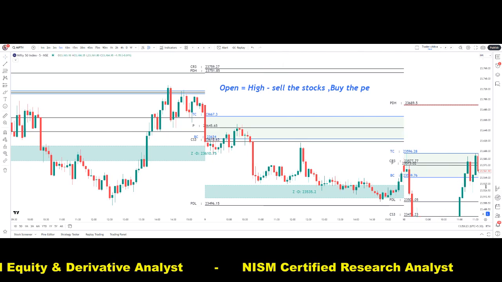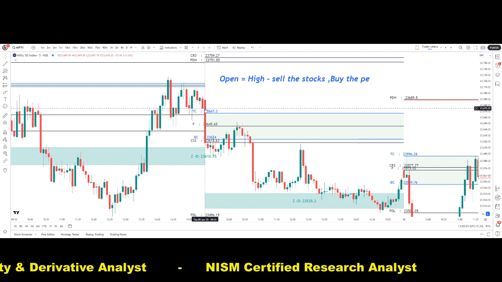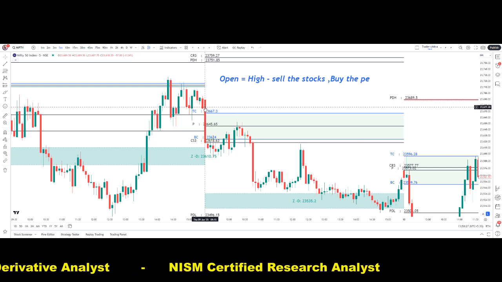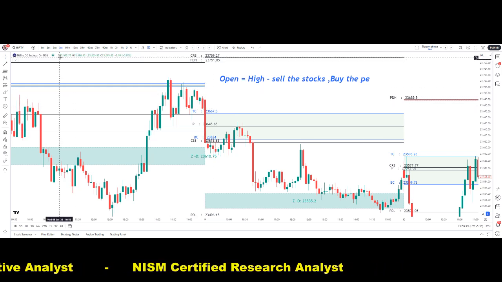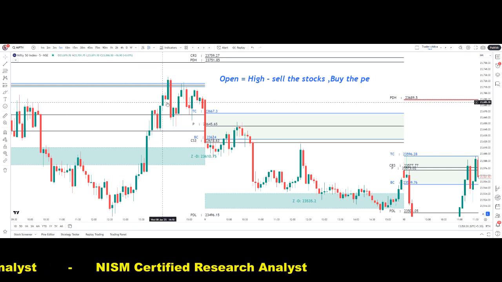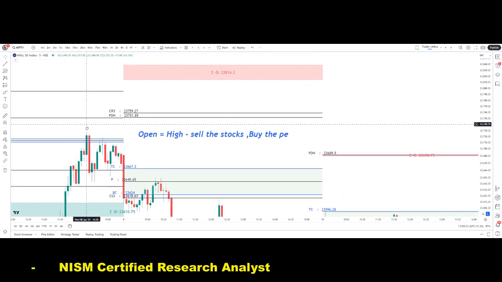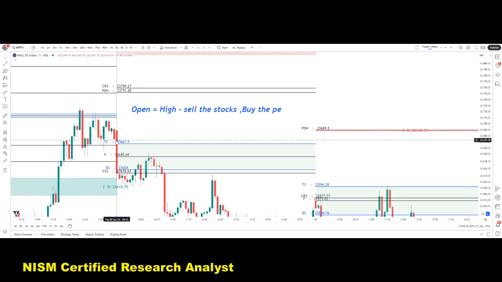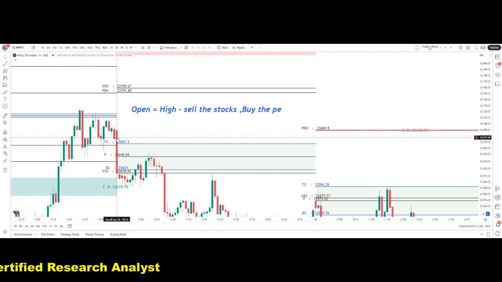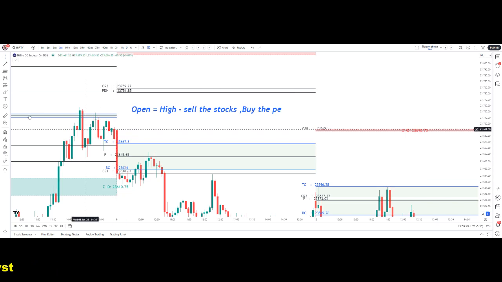So here we can see this is the first 5 minutes candle, and we can see the opening price for that particular first candle. Here we can see that open is 23,689.50, and high also is 23,689.50.